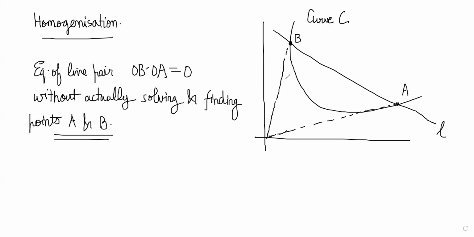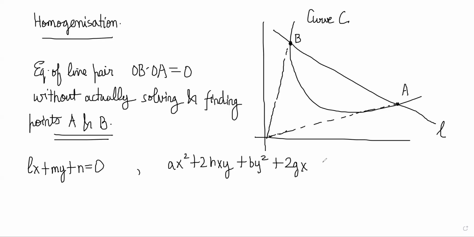See, if the line equation is given, the line equation is Lx plus My plus N equals 0. And the curve equation was ax square plus 2hxy plus by square plus 2gx plus 2fy plus c equals 0.